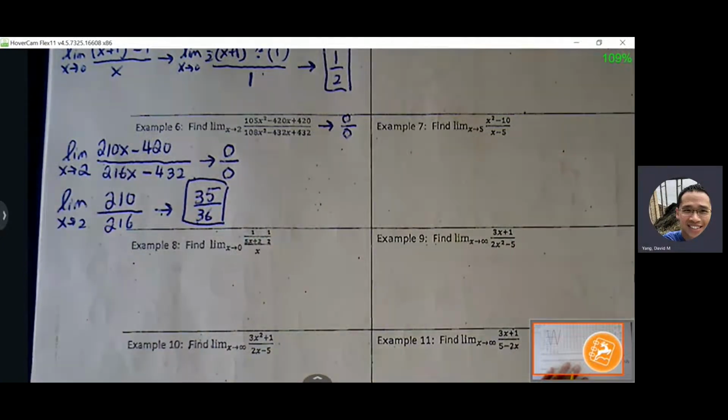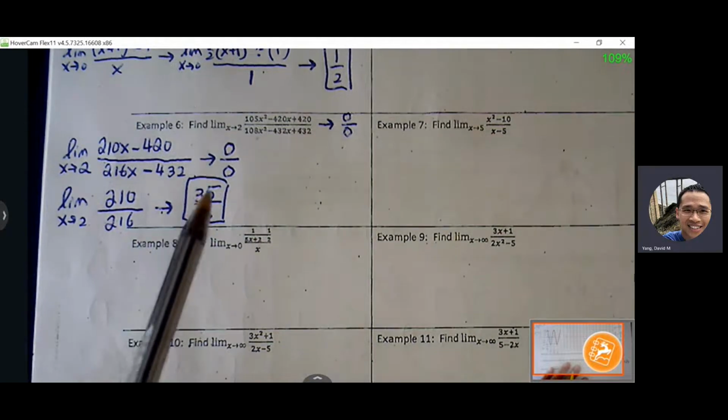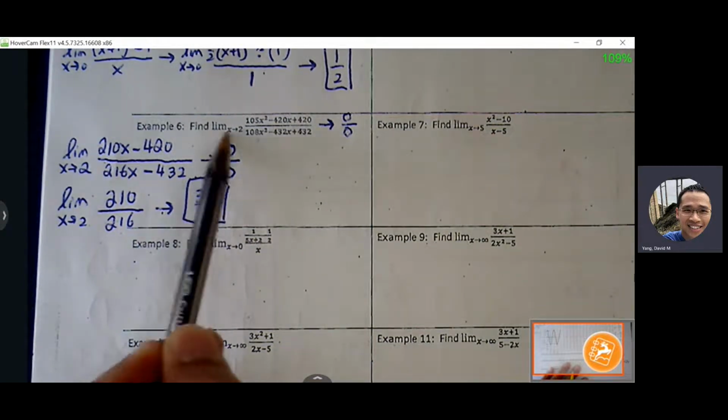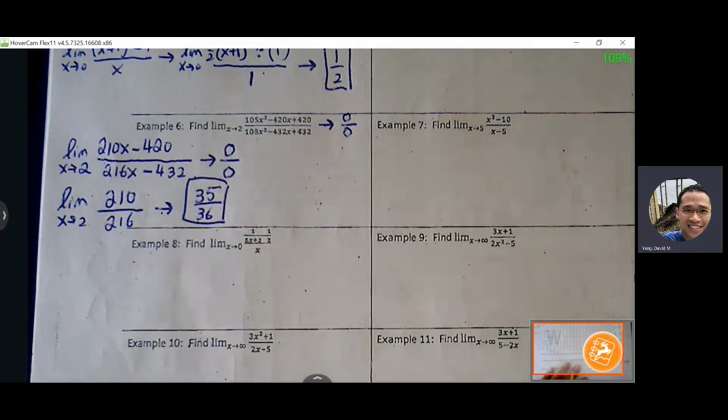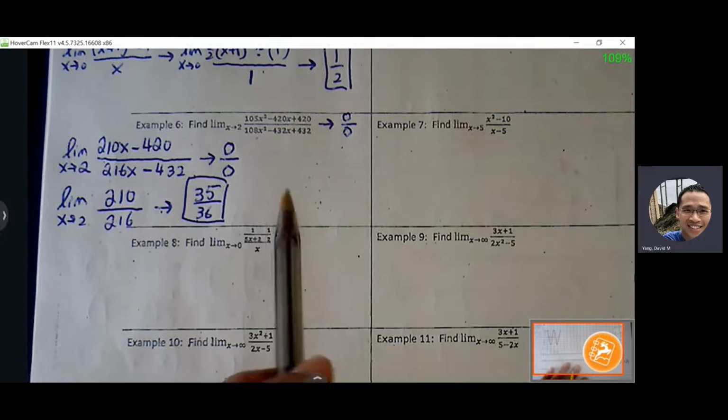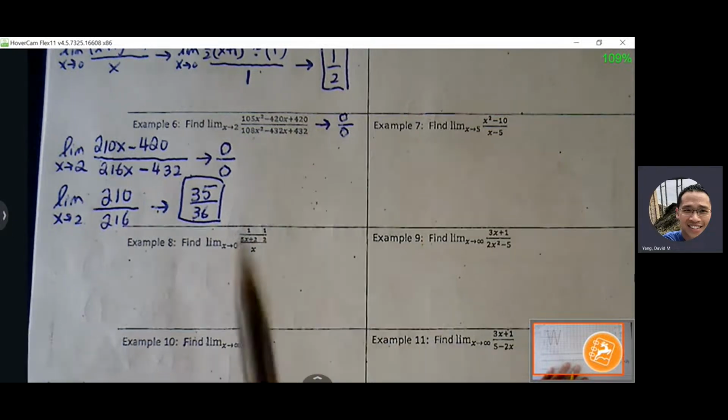I don't want to keep finding the derivative unless there's another 0 over 0, which will give me a green light to do L'Hopital's rule again. Sometimes students see a problem and just keep finding the derivative until it gets down to a constant, but that may not always be the case. So make sure that you're going through your procedure, right? You get 0 over 0, do L'Hopital's rule once, but then as soon as you do that, reevaluate, okay? See where you're at.